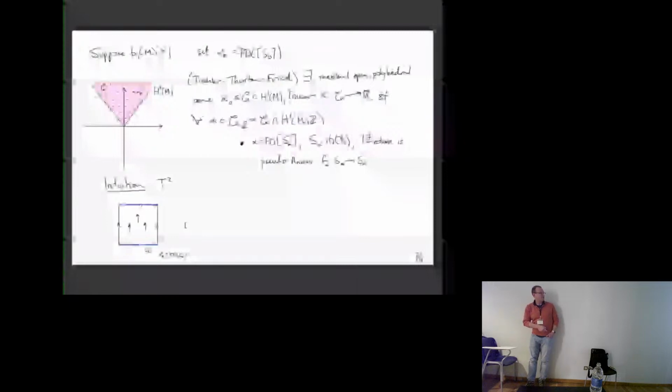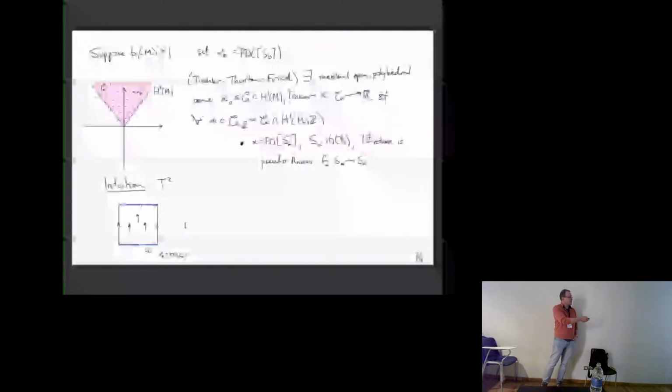So here's a curve. I go up, and actually the first return map here is the identity. But here's another class, this class C2. The first return map is now like a rotation of order 2. So if I look at all these curves that are transverse to the flow, the first return map is some homeomorphism of the circle, some finite order.